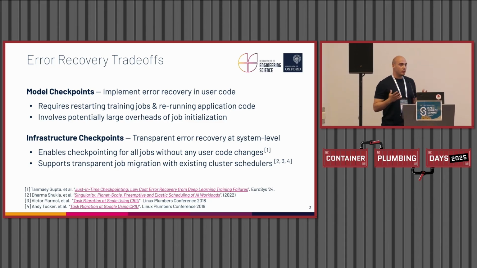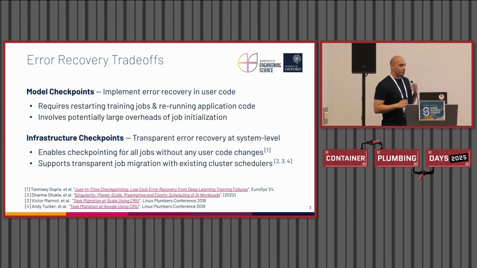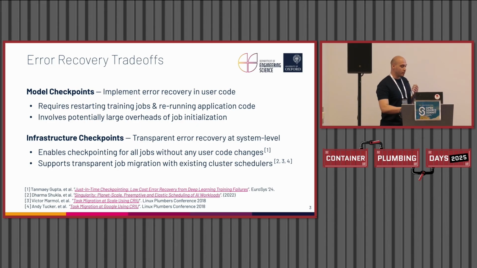What we focus on is a different type of checkpointing called infrastructure-level checkpointing, where we can create a checkpoint of any application without modifying the code of the application. This is mainly used at cluster level. For example, if you have an operator that performs maintenance on a cluster node and needs to move workloads from one node to another, this type of checkpointing mechanism becomes very useful.